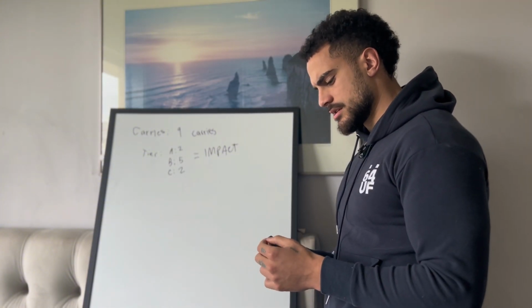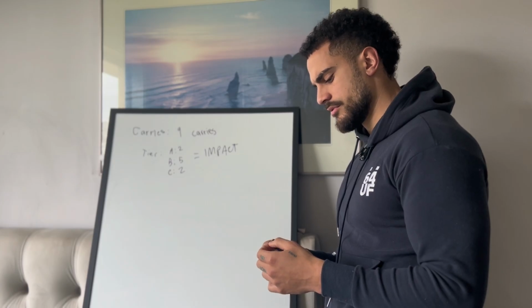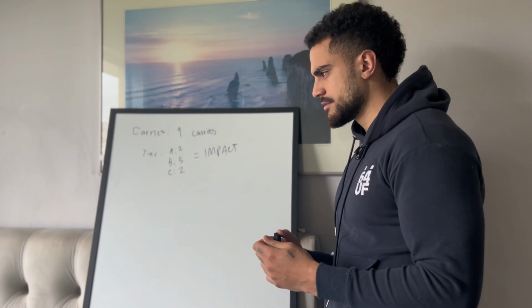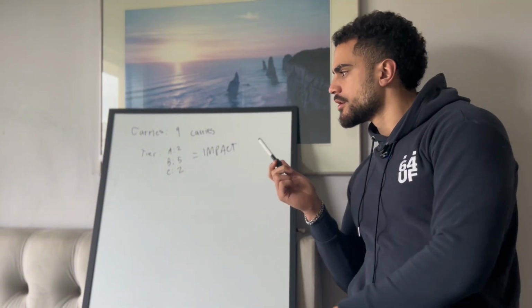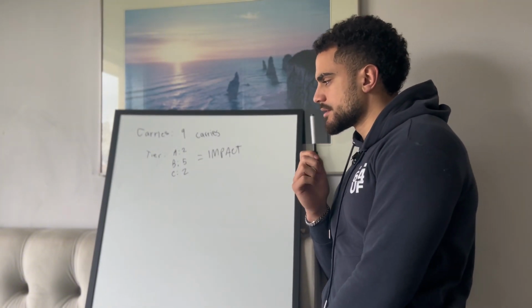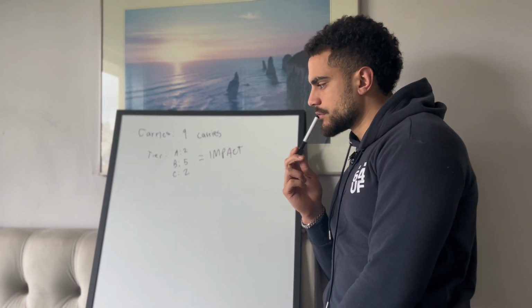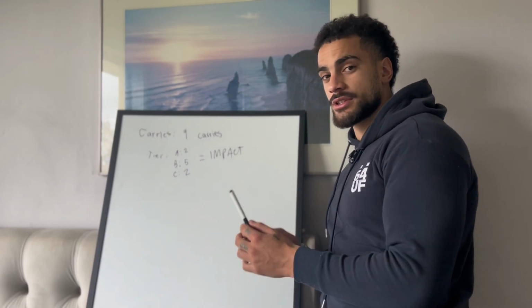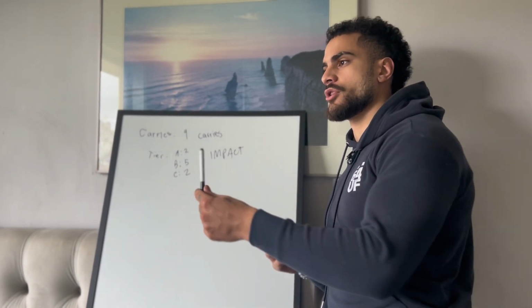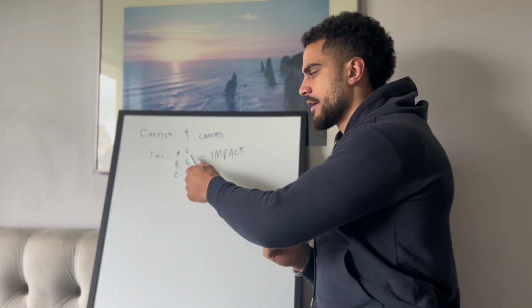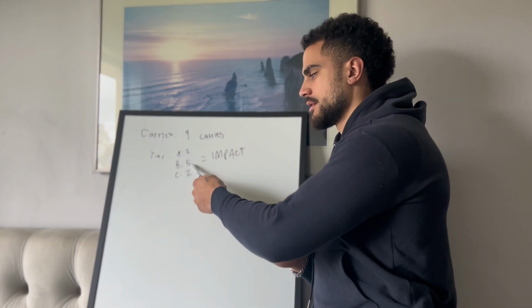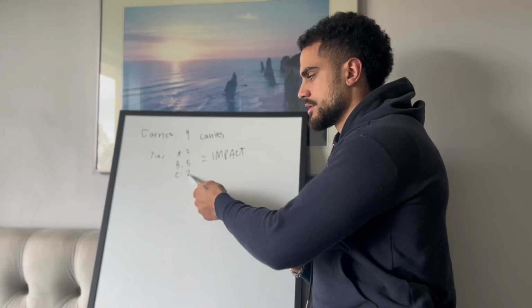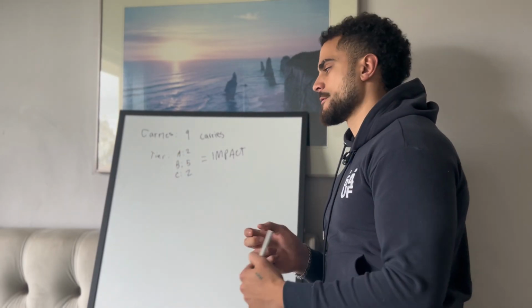Now the first thing I look to improve is, let's say 9 carries, 2, 5, 2. Currently, at this stage, let's say you don't try and improve your impact. For every 9 carries, you get about 5 average carries, 2 bad carries, 2 good carries.